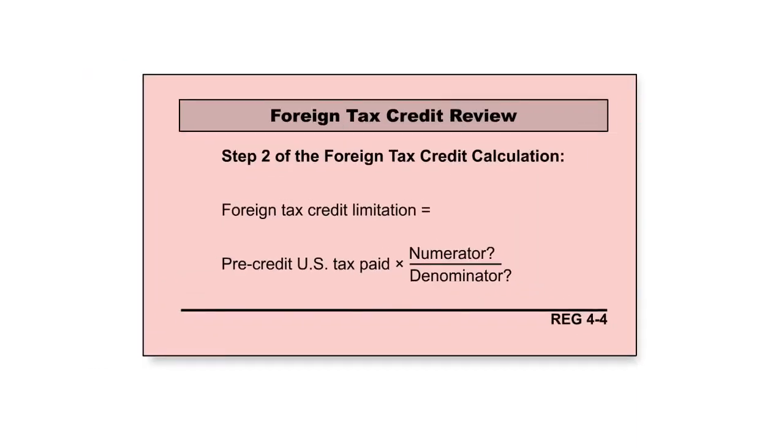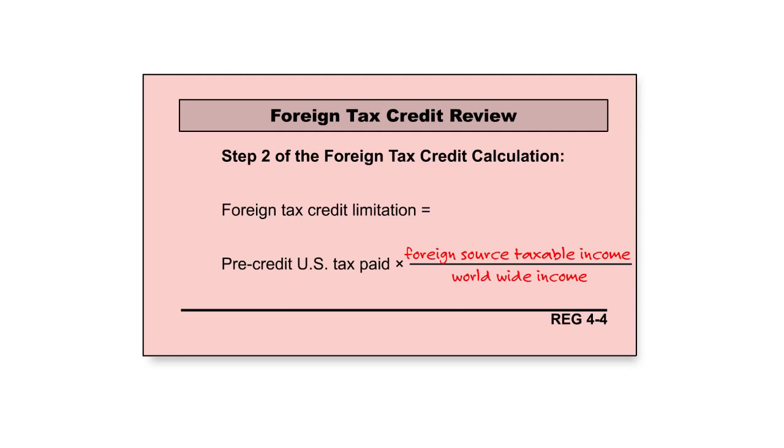The foreign tax credit has a limitation. This is done, by the way, by multiplying the amount of pre-credit U.S. tax paid in a year by the ratio of, and you'll notice the numerator here is the foreign sourced taxable income earned, divided by the worldwide income.